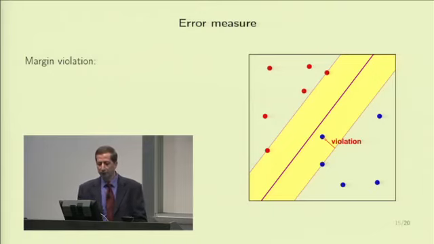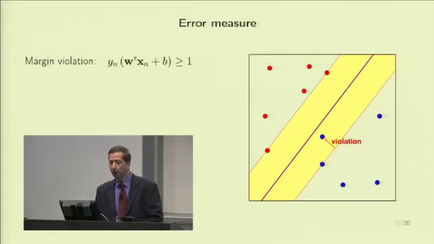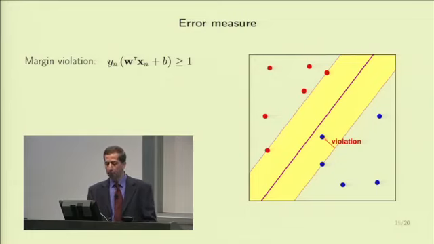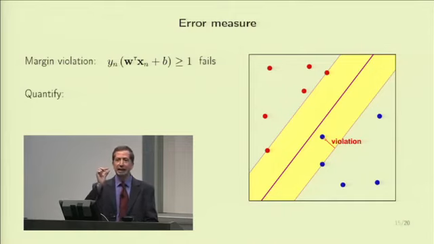Okay? So here is what I'm going to do. This would be the case if the margin is satisfied for every point. That is the canonical form we put. And when this fails, the margin is violated. And I'd like to quantify that. So the way I'm going to quantify it, I'm going to introduce a slack for every point, potentially every point.